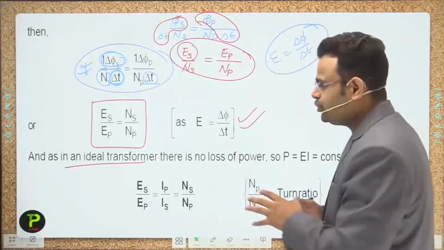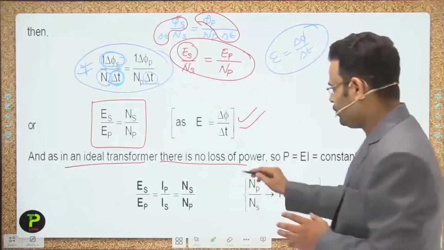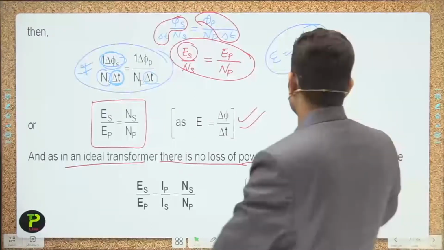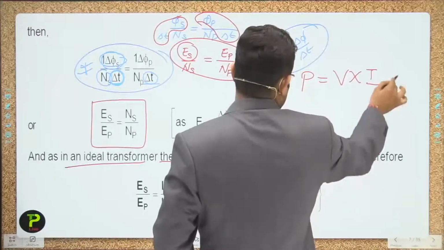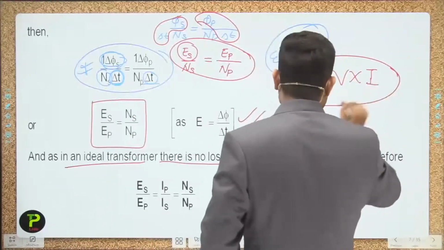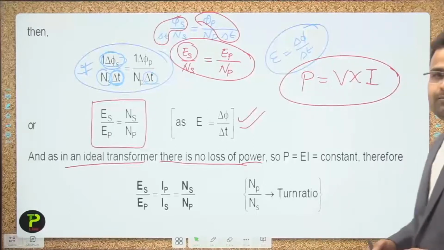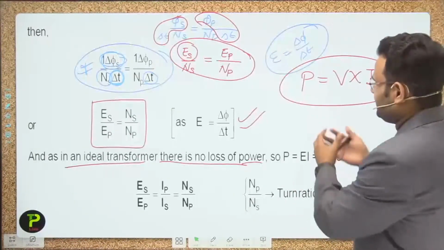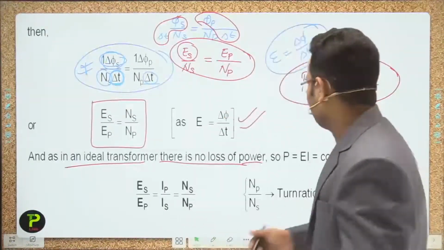So what do we mean by the ideal transformer? In the ideal transformer, there is no loss of power. What is the formula of power? In electricity, you know that power is equal to potential into current. If there is no loss, that means power is always constant. If there is no loss, the input power and output power are always equal.